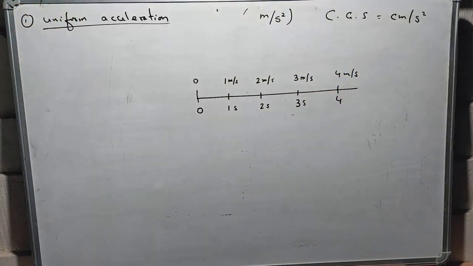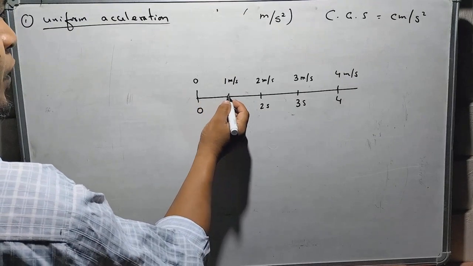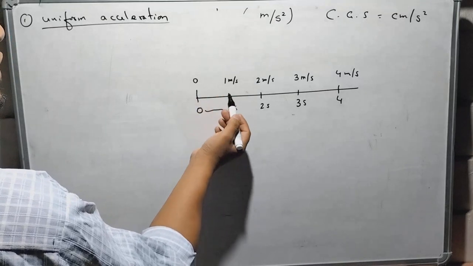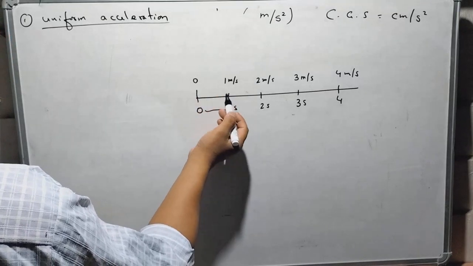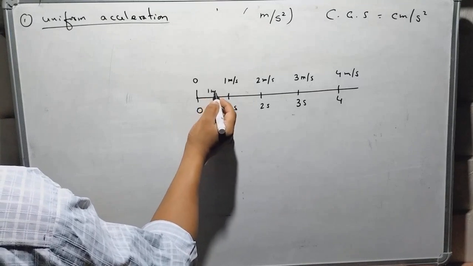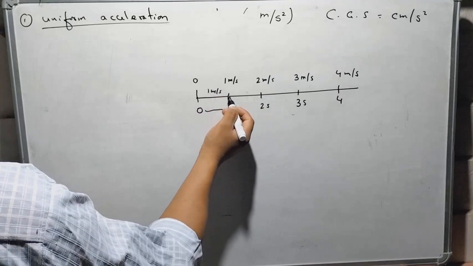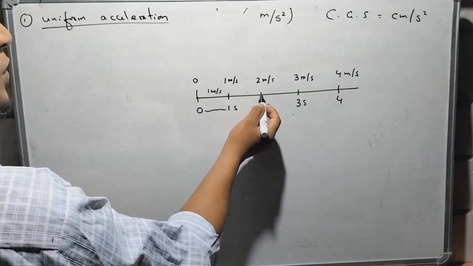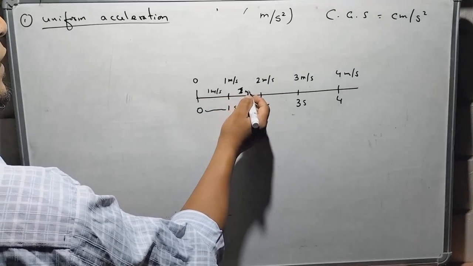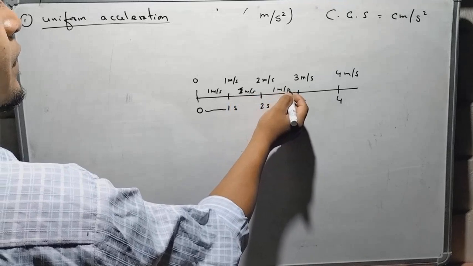Now when you take the difference between any 2 points, like this point and this point, what is the difference in velocity? Final velocity is 1 meter per second, initial is 0, so the difference is 1 minus 0, which is 1 meter per second. Similarly here, the difference is 2 minus 1, which is 1 meter per second. Again here, the difference is 1 meter per second.